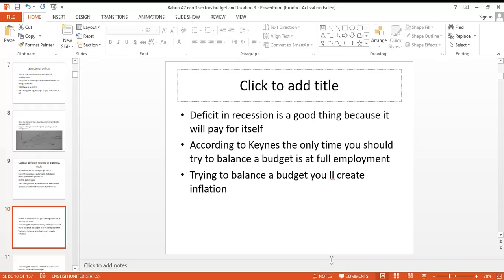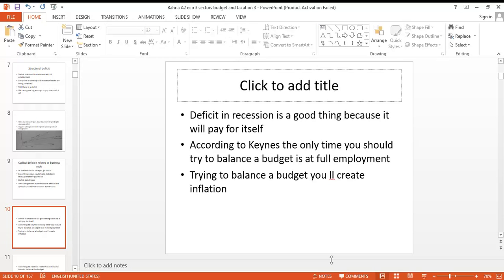Now, according to Keynes, according to the Keynesian point of view, this is a good thing. If you are running a deficit in a recession, it's a good thing. Why? Because I am paying money to the people. People are getting the support, and over a period of time, as I give them the money, their incomes will increase, the economy will not go in a downward spiral, the GDP will not fall drastically, and this recession will pay for itself later on as people's incomes remain stable.